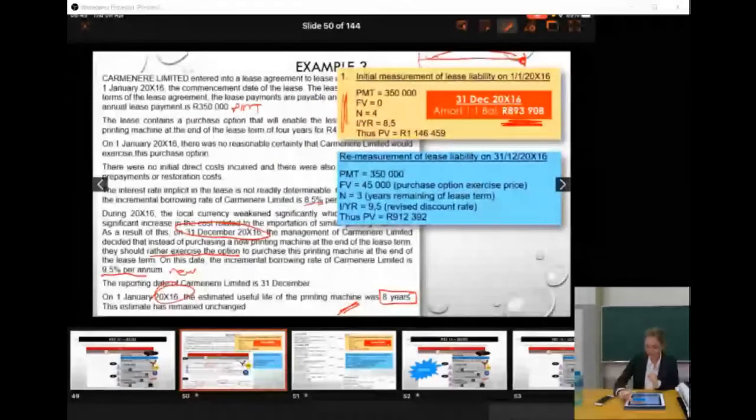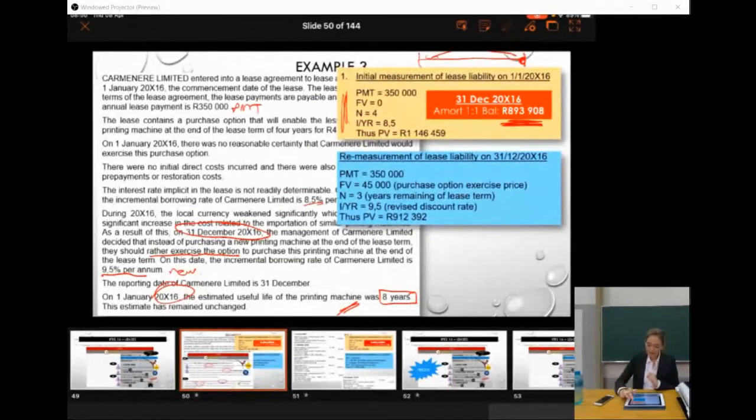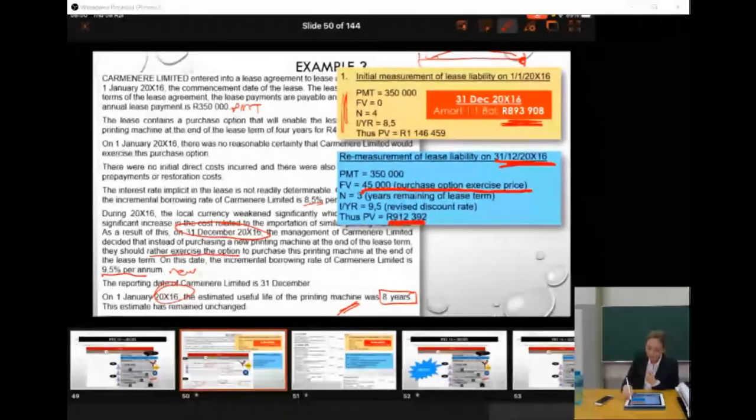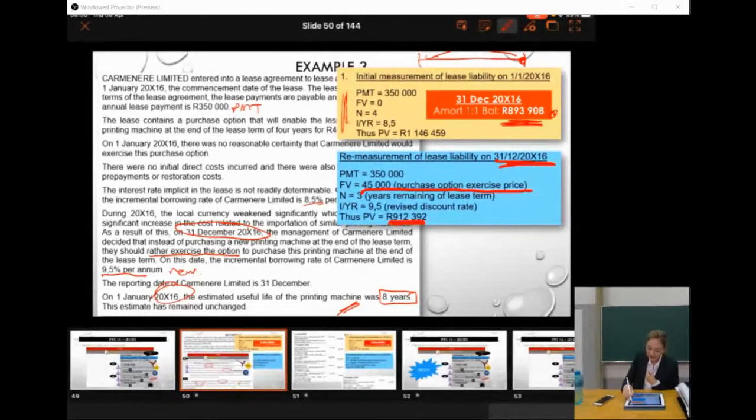If we do that, then we see that our present value of the lease on 31 December X16 will be 912,392, if we now include that purchase option in our calculations. So we have to remeasure our lease liability from the 893,908 to the 912,392.